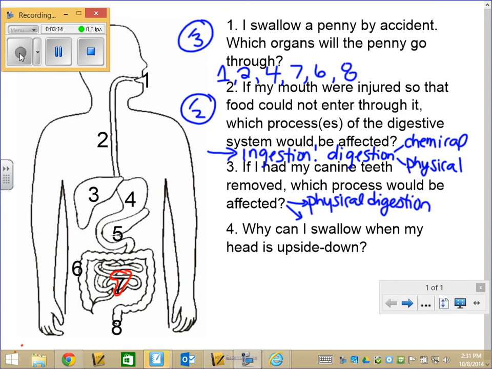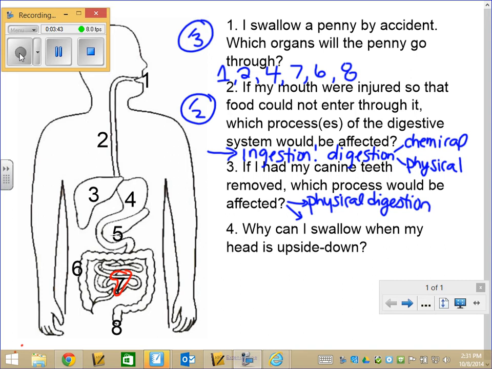We could also be pretty specific about specifically what your canine teeth do. If you look at the chart about teeth, your canine teeth have the role of cutting and holding your food. Your incisors also cut your food, so you would still be able to take bites of food, but canine teeth are really for holding food in place, not just in humans, but especially in other organisms that are hunting.